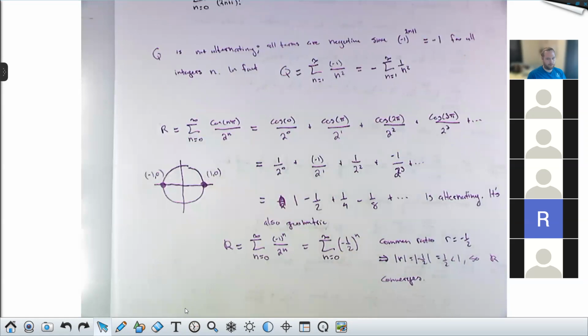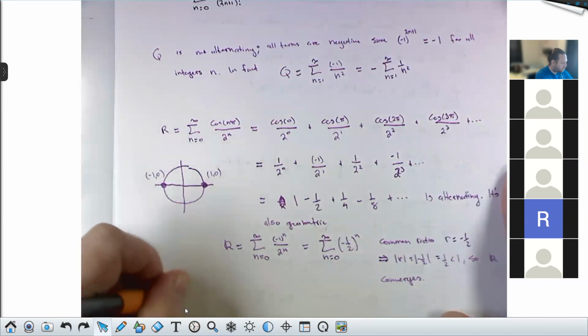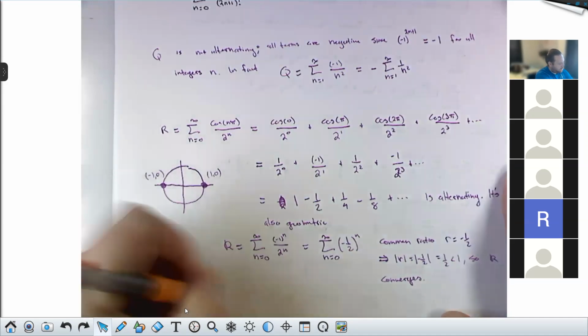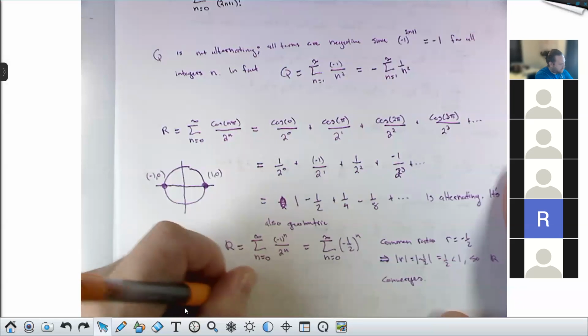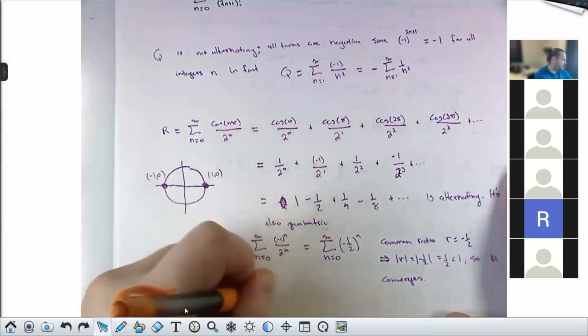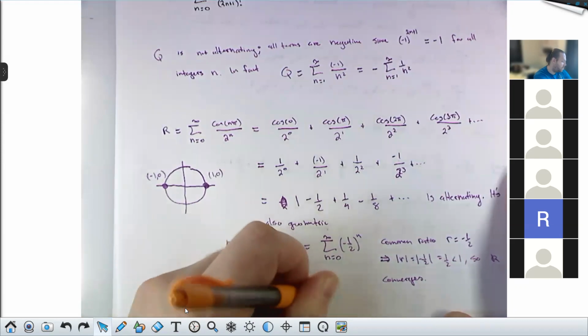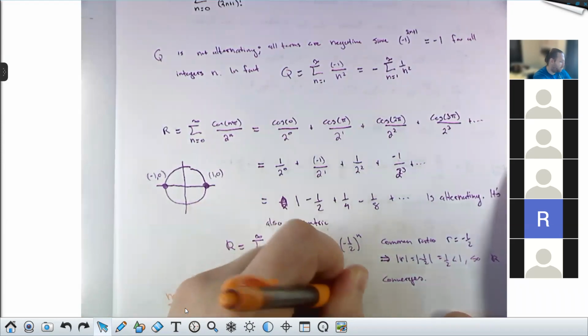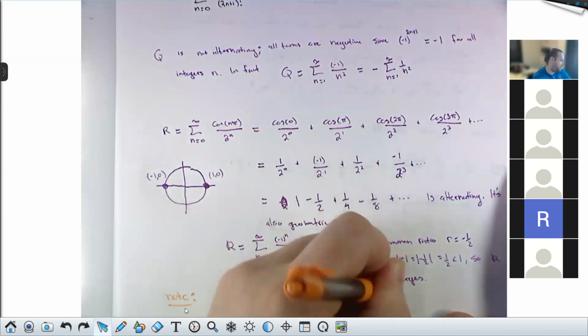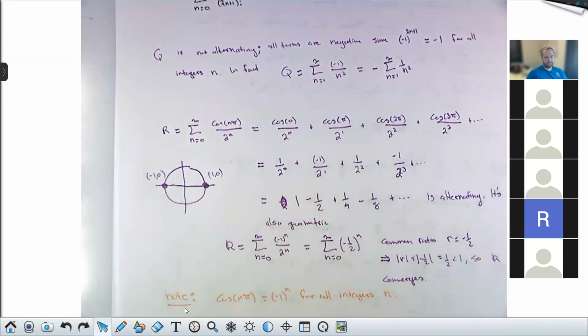We're just trying to figure out, are these things alternating series or not? The take home here is that cos of n pi is actually equal to -1 to the n for all integers n, which is a pretty sneaky trick.